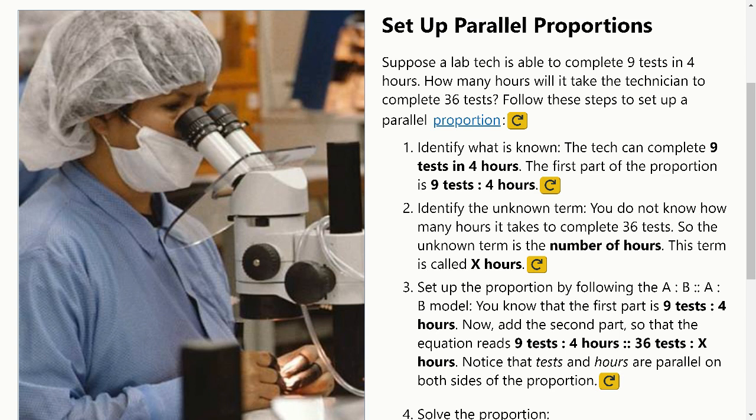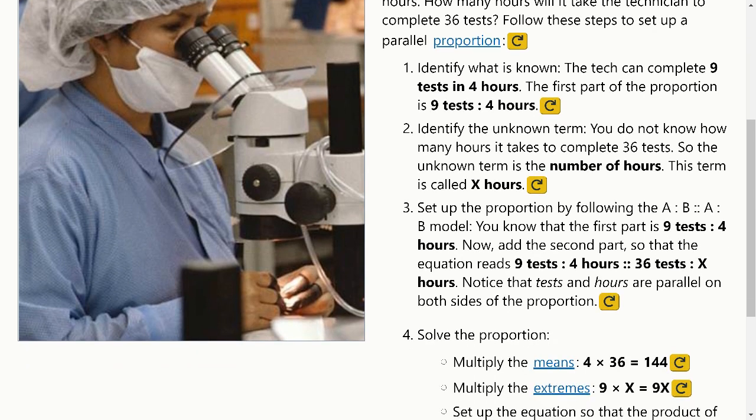Now we're going to look at what our unknown term is. We don't know how many hours it takes to complete 36 tests. So the unknown term is the number of hours. This term is called X hours. So we'll set up the proportion by following the A to B to A to B model. The first part is 9 tests to 4 hours.